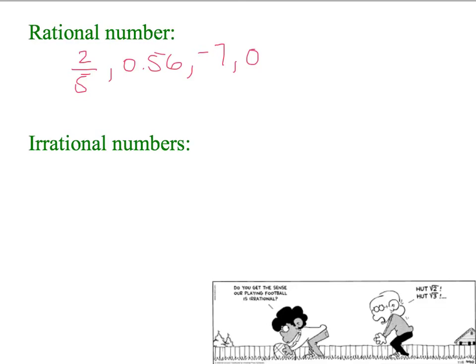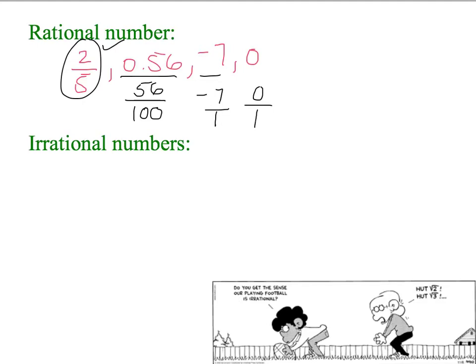So we could say 2/5 already is a fraction, so that's good. 0.56 could be 56 over 100ths. And you would want to simplify that. -7 could be -7 over 1. And 0 could also be 0 over 1. So again, rational numbers are anything that can be expressed as a fraction, whether it's a whole number, 0, a decimal, or already a fraction.